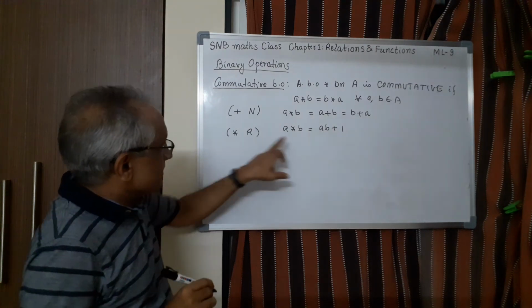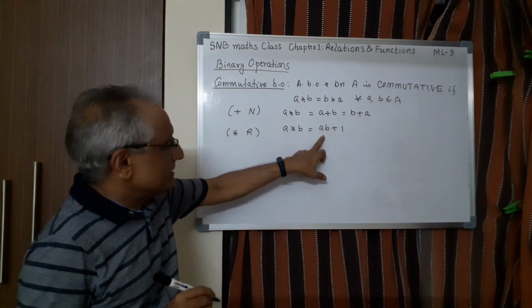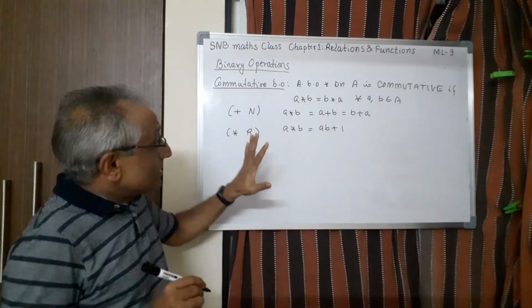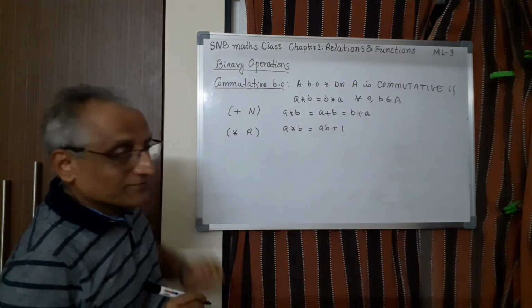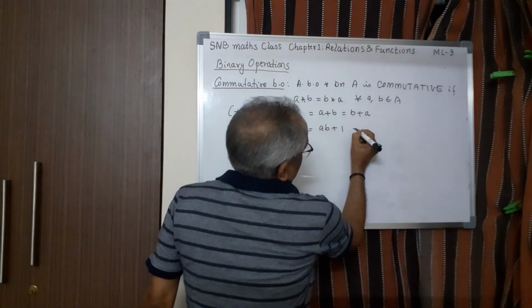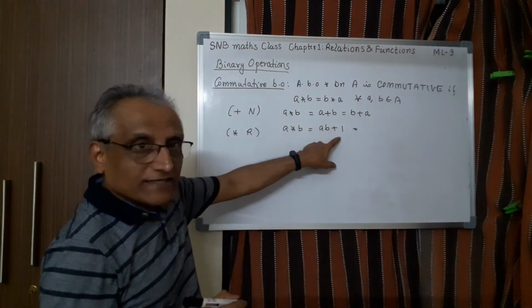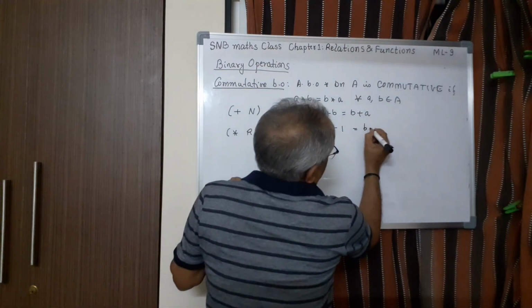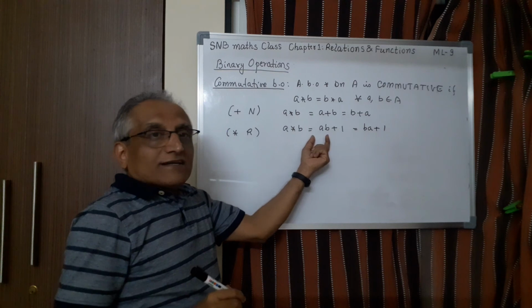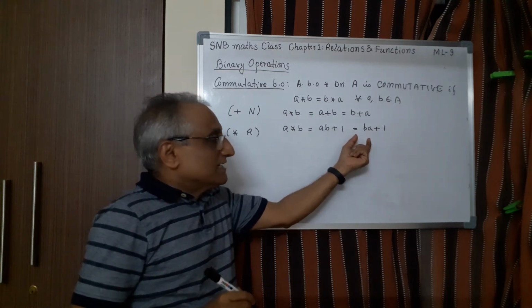In the set of reals, the product of two real numbers is a real number, and plus 1 is also a real number. So it is binary, no doubt. Now I have to check whether it is commutative. It is commutative because AB plus 1 can be written as BA plus 1 also, because real numbers are commutative with respect to multiplication.